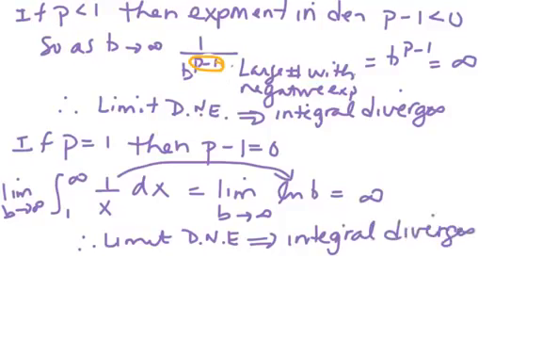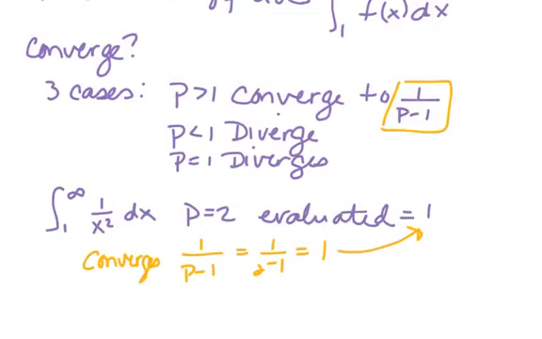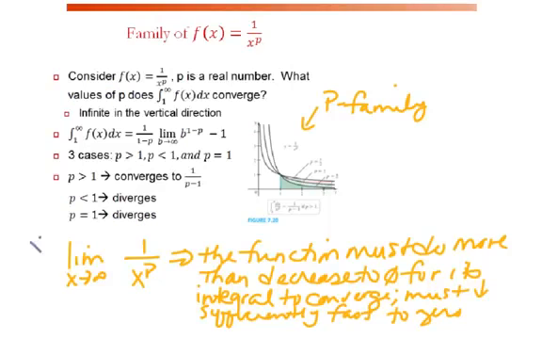So this is interesting. This is important to note. The limit as x goes to infinity of 1 over x to the p, if I look at that as x gets bigger and bigger, we know that limit is going to go to 0.